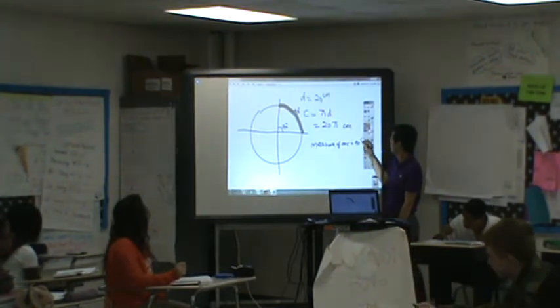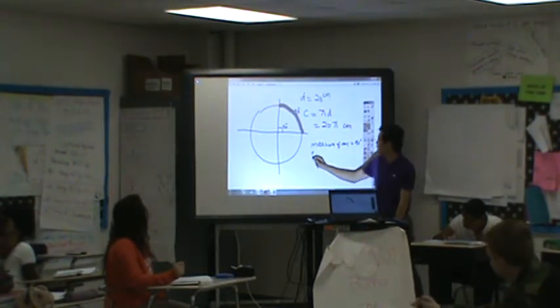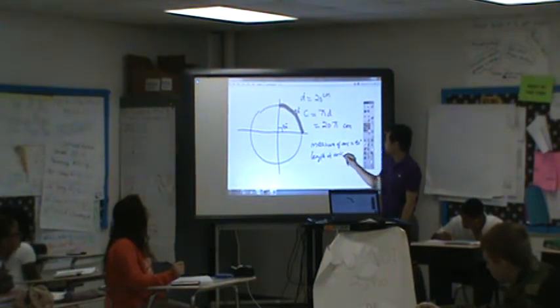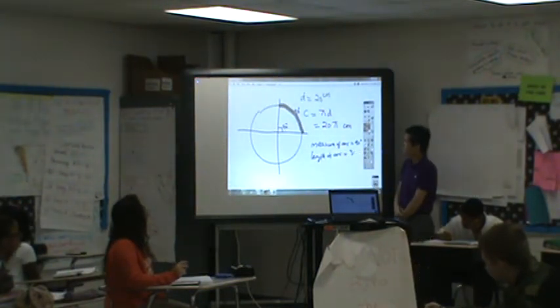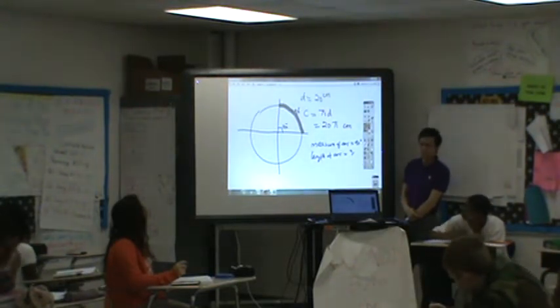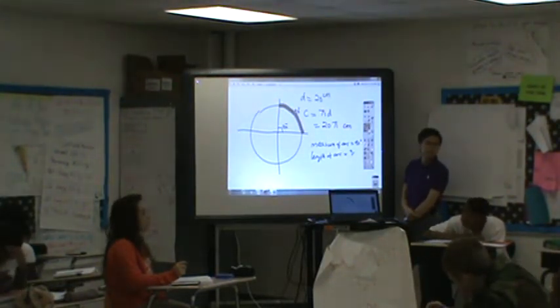equals 90 degrees, right? But I'm asking you what is the length of the arc? That's the question. So you're right, central angles do equal their arc, but that's degrees. We're talking length.